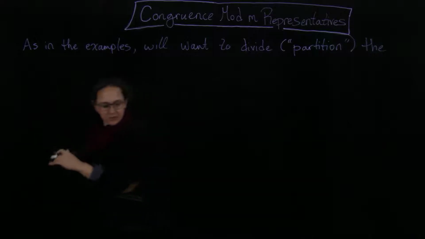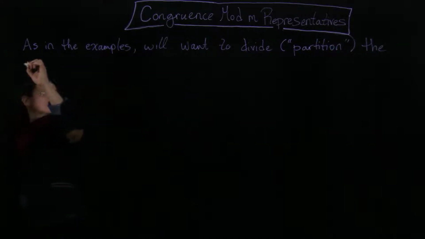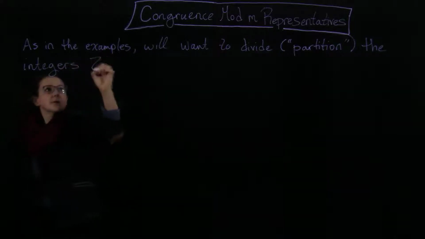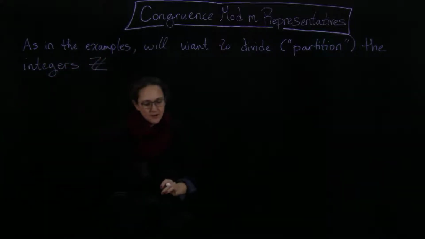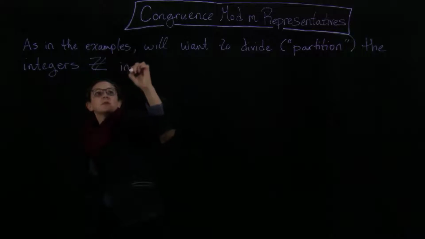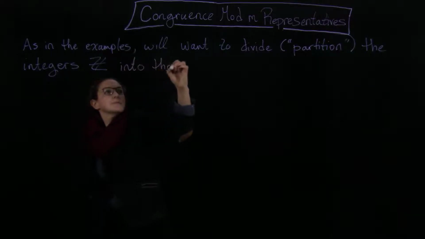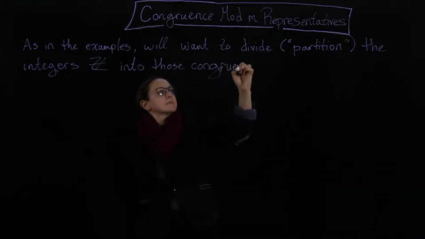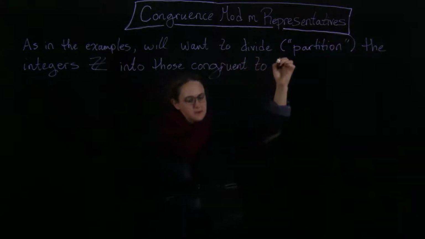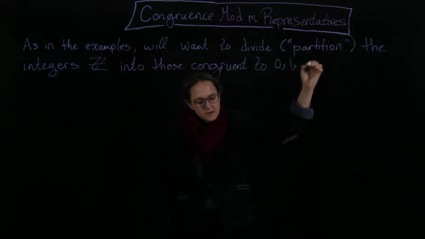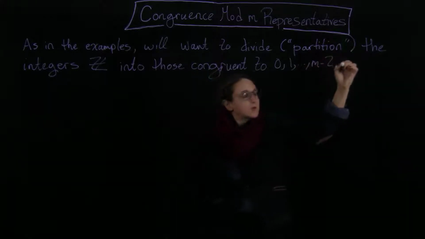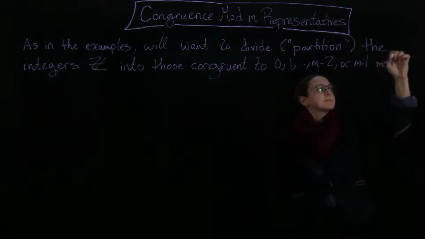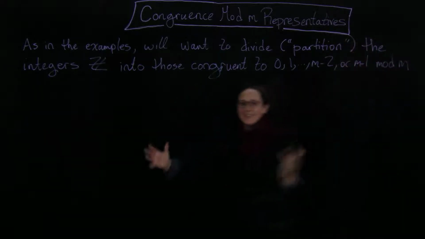And I'm going to want to use congruence to split them into those congruent to 0, 1, m minus 2, or m minus 1 mod m.